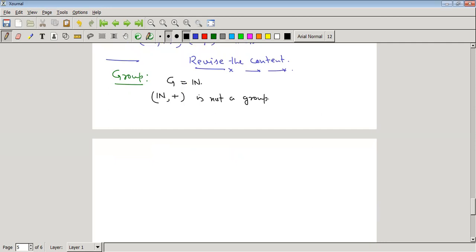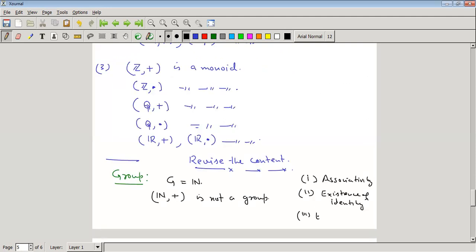So to be a group, what do you have to do? You have to check whether, with the given operation, it satisfies the first axiom, that is associativity. Second, you have to check the existence of identity. And third, you have to check the existence of inverse.